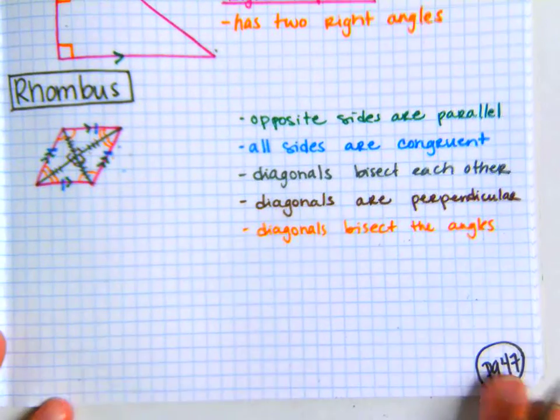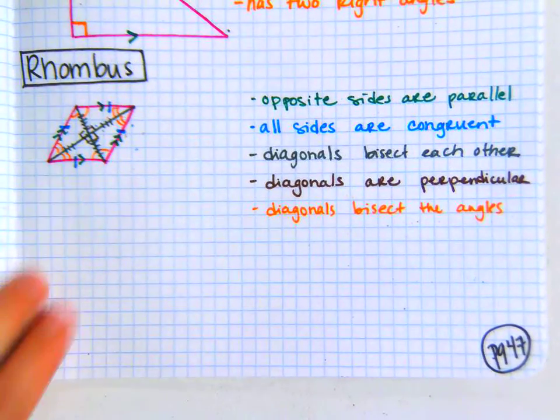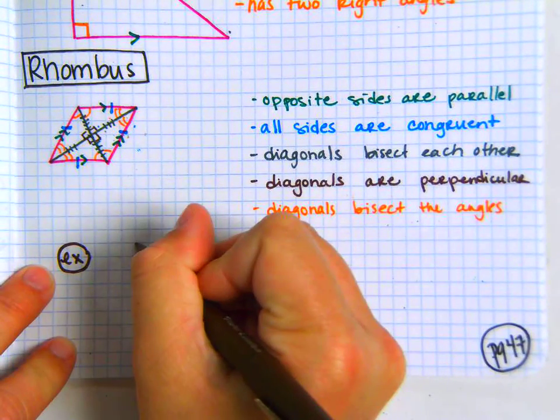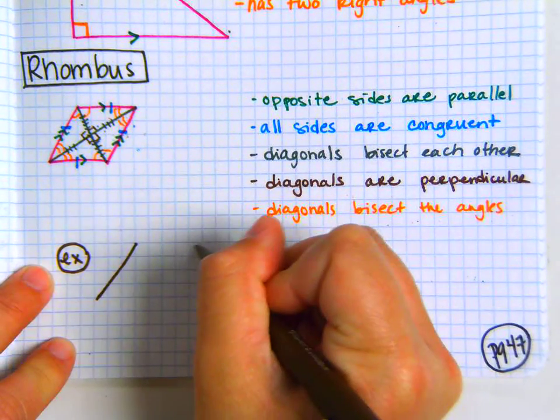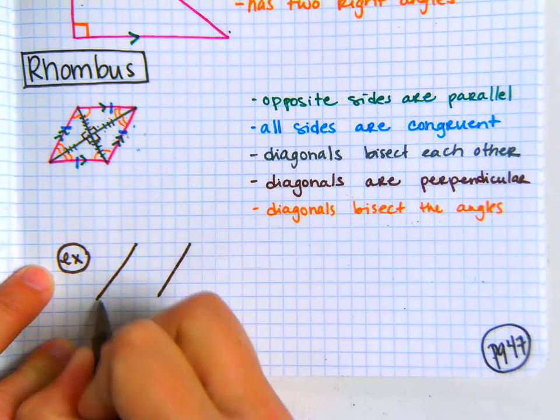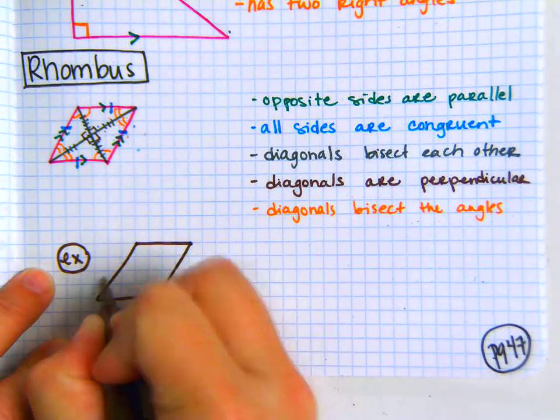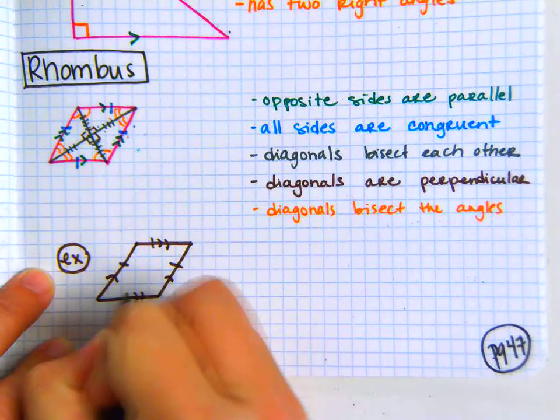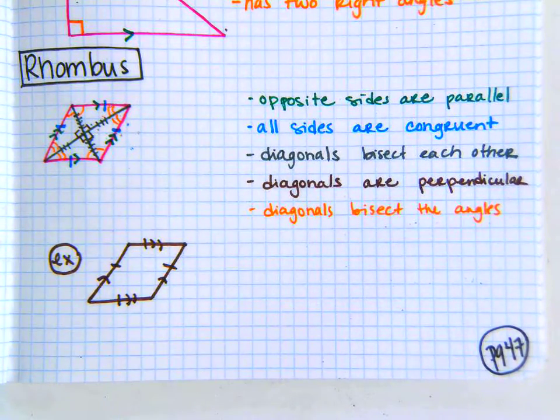Now, when would we use these properties? Let's do a quick example. So you can tell that it's a rhombus because opposite sides are parallel.